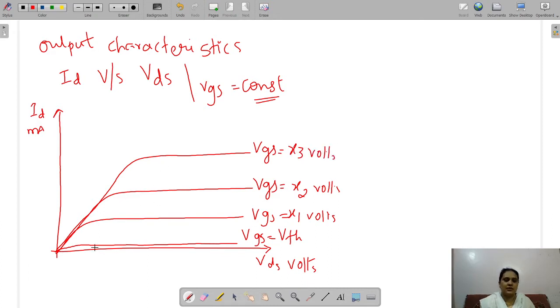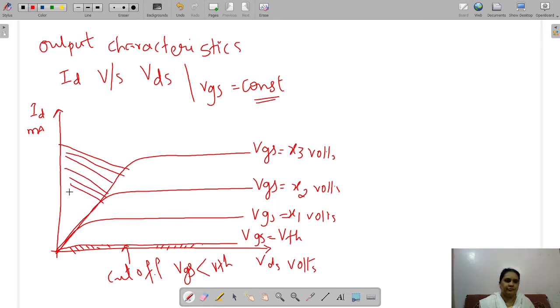We also studied that the MOSFET exhibits different regions of operation. It exhibits the cutoff region, where the value of VGS is less than VTH. Then it exhibits the linear region or the ohmic region, where the value of VGS is greater than VTH, but the drain current varies linearly with VDS.